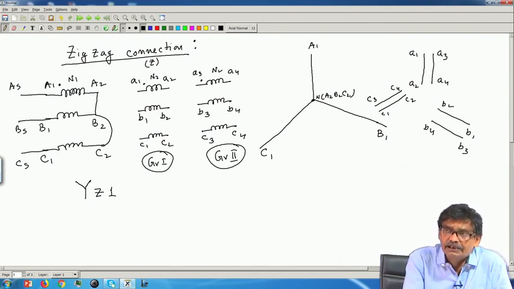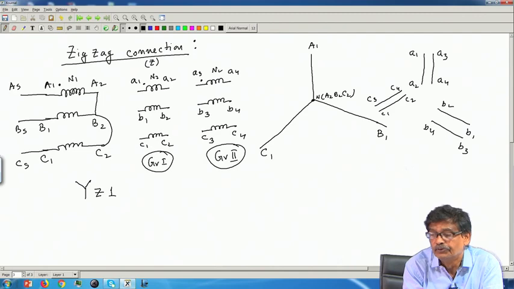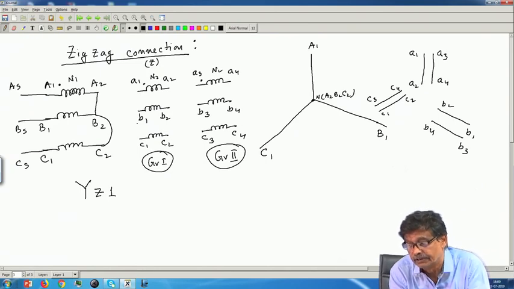Therefore, whatever will be the neutral, just like star, this side there will be a neutral and from neutral to one of the lines if you try to go, you will encounter two coils in series belonging to two different phases.